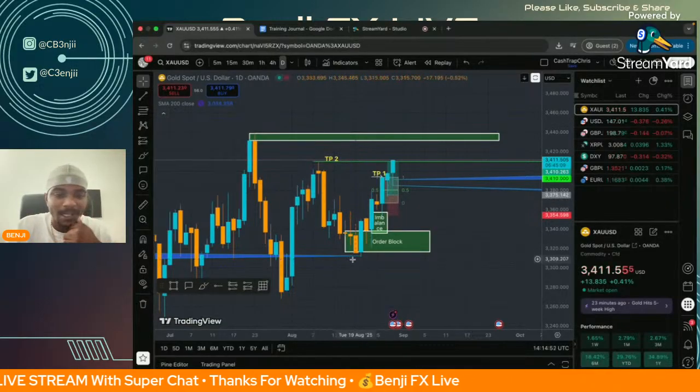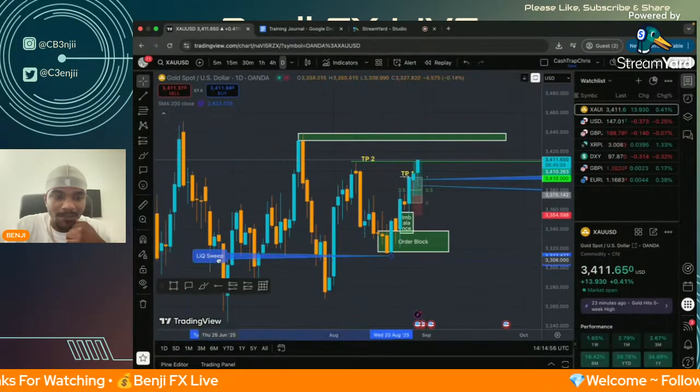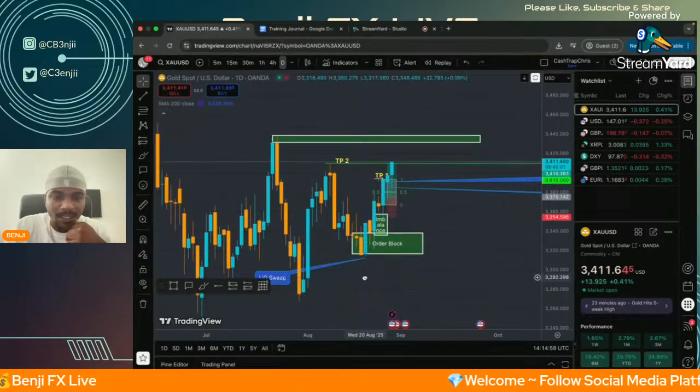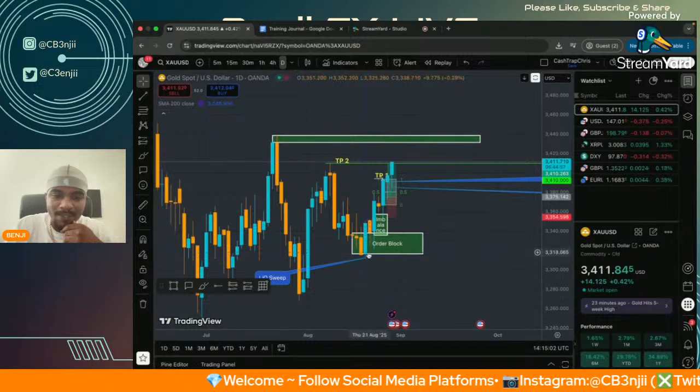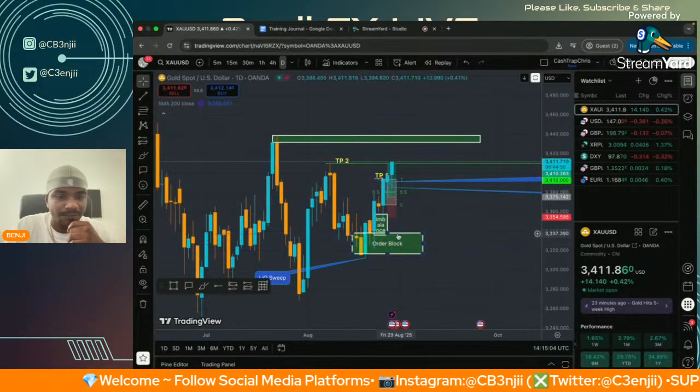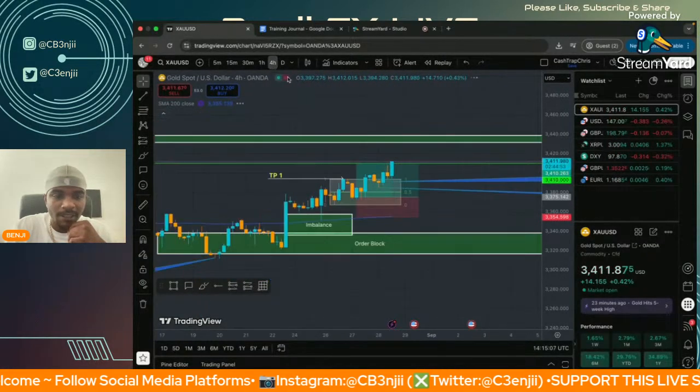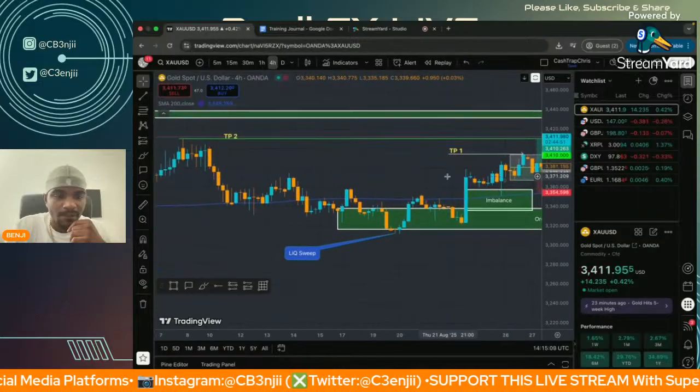As you see, on our daily bias we had a liquidity sweep here, as marked out. That was our trend switching. So of course we drop down to the 4 hour time frame.